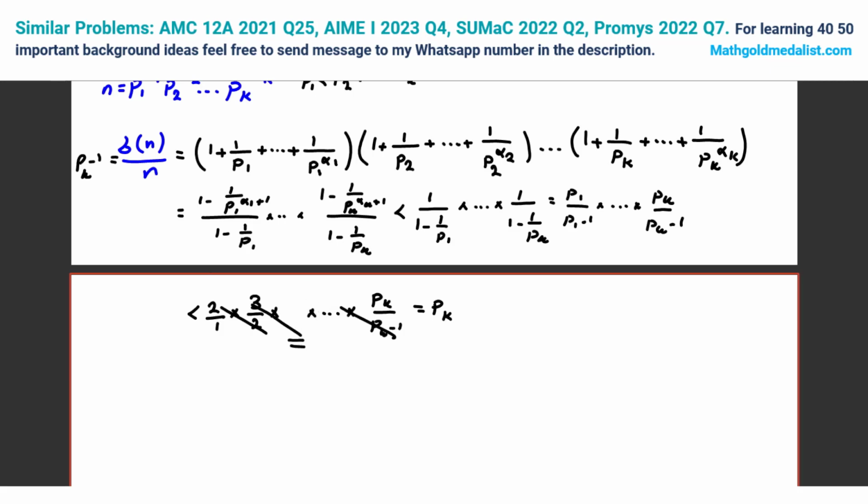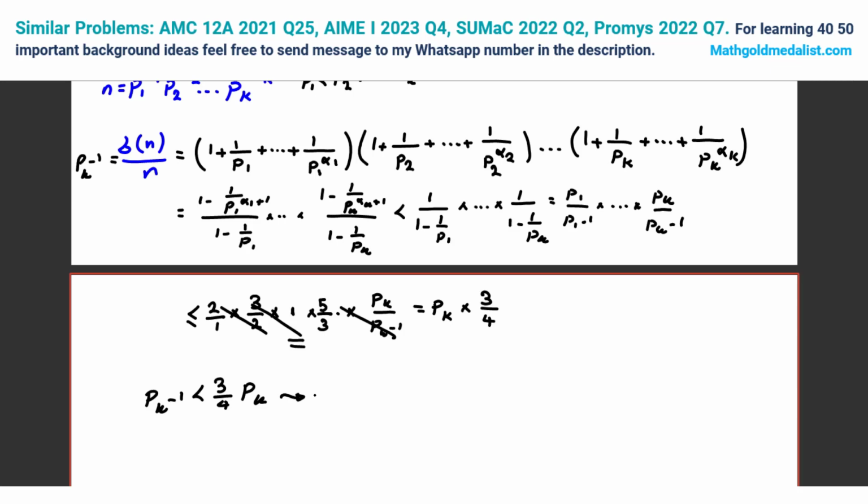Instead of 4 over 3, we write 1, and we multiply both sides by 3 over 4. So pk minus 1 is less than 3 over 4 times pk. We could say less than or equal, because maybe our primes are 2, 3, 5, but because of these, it is strictly less.